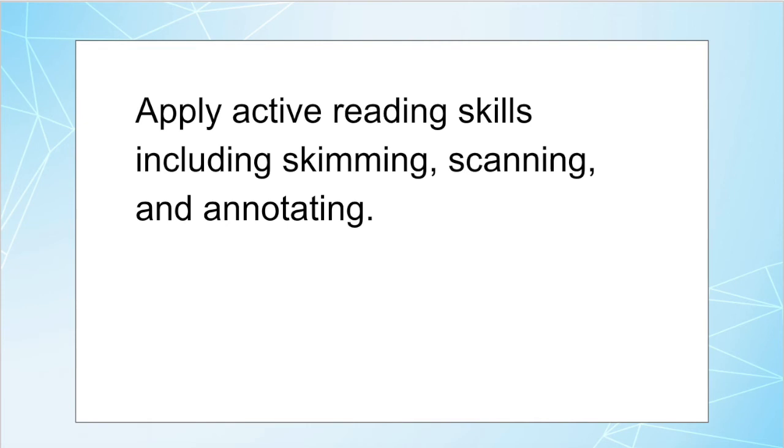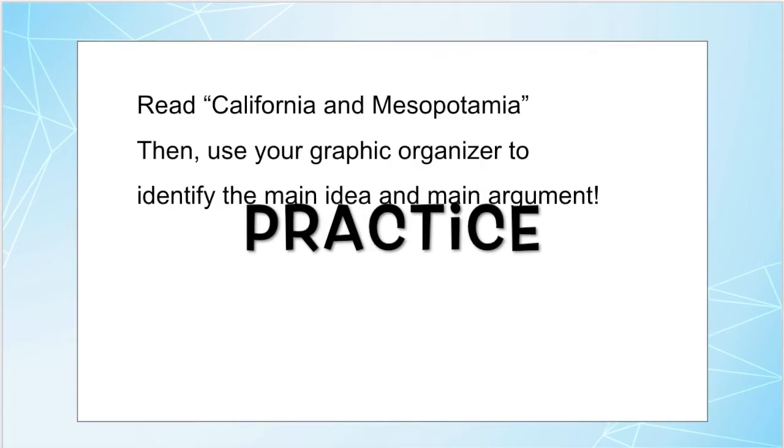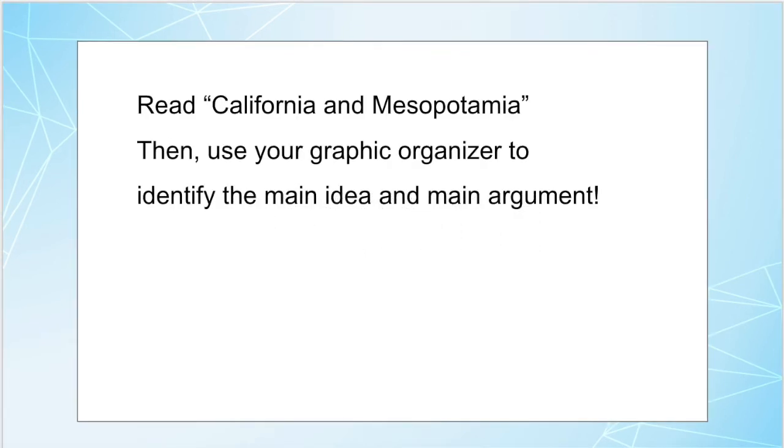Let's practice active reading by skimming, scanning, annotating, and evaluating arguments by looking at this week's reading assignment, California and Mesopotamia, Similarities and Differences. Take a minute now to make use of your graphic organizer by looking at the article and doing some pre-reading work.